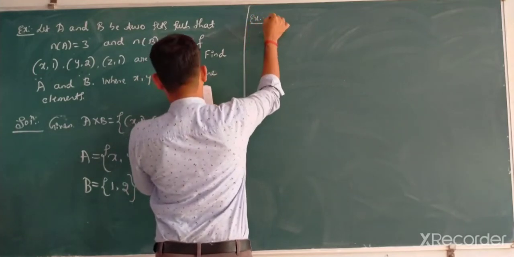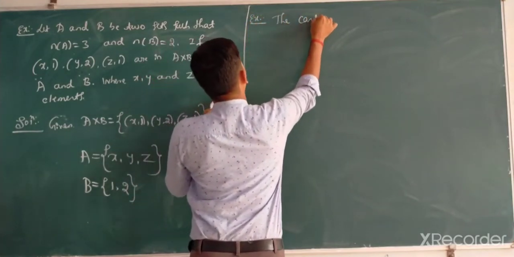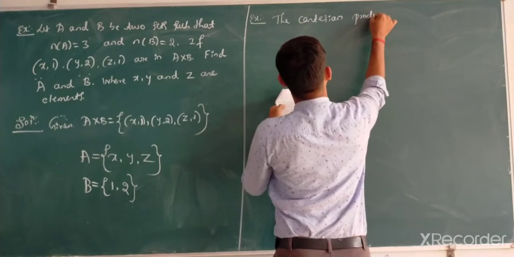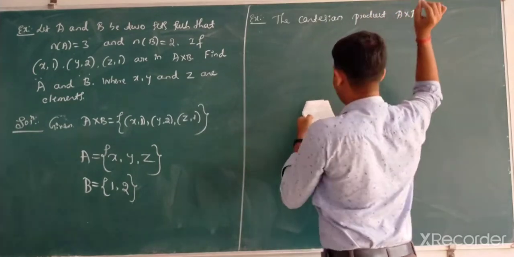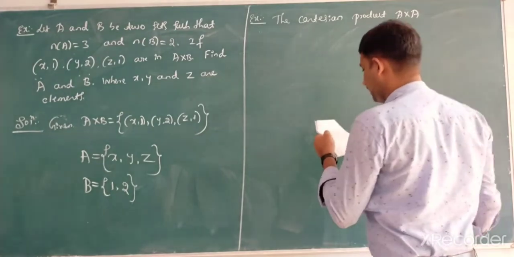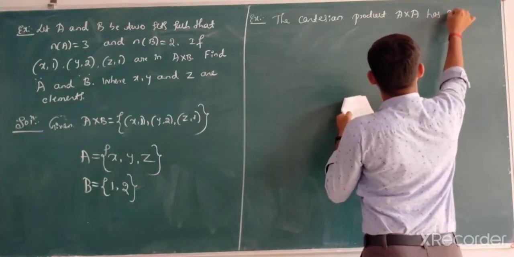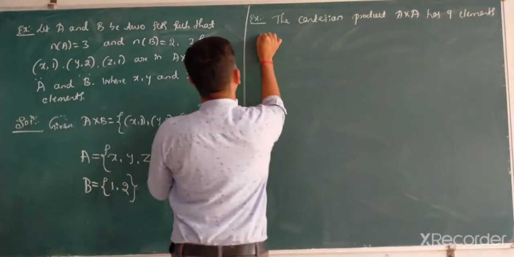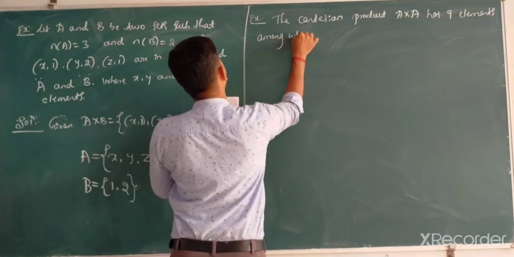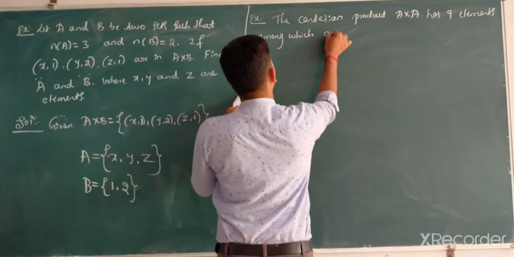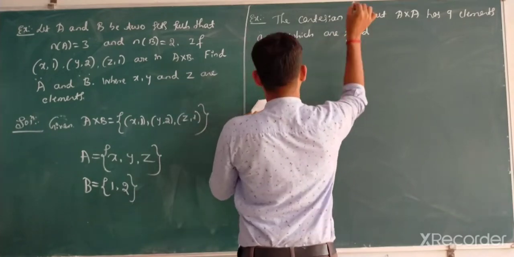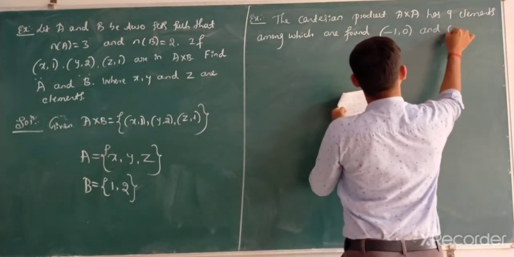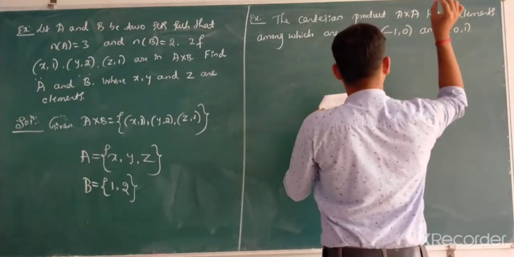Example. The Cartesian product A cross A has 9 elements, among which are found (-1, 0) and (0, 1).